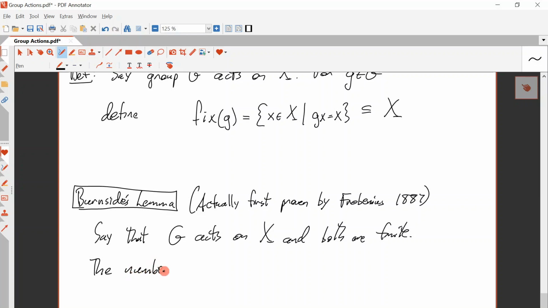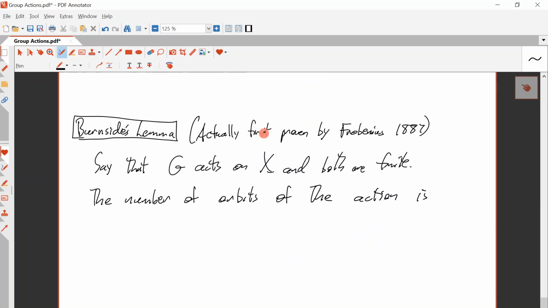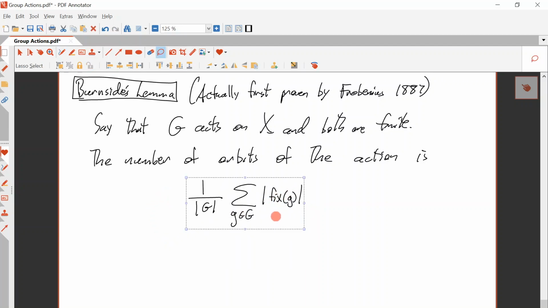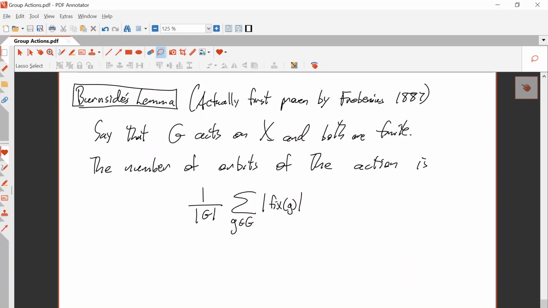The number of orbits, not the size of the orbits, the number of orbits of the action is 1 over the order of G, times the sum over all elements g in the group, of the size of fix of g. Okay, so that's Burnside's lemma.